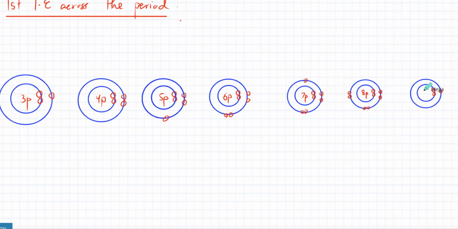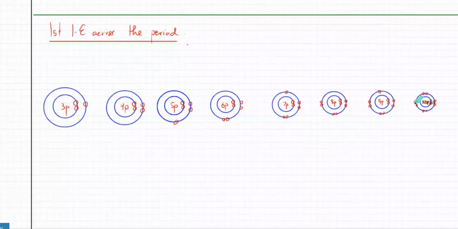This one would be 9 protons, that's fluorine. And the last one is neon, that is 10 protons, and a total of 10 electrons. So this is how the atoms would look across a period.